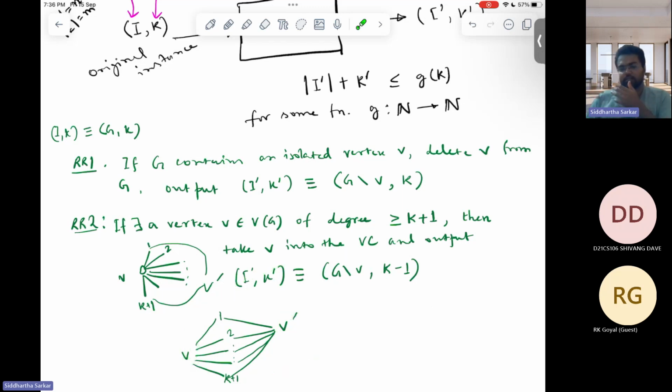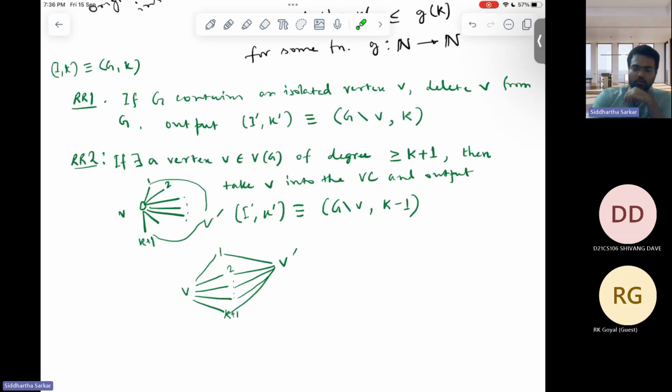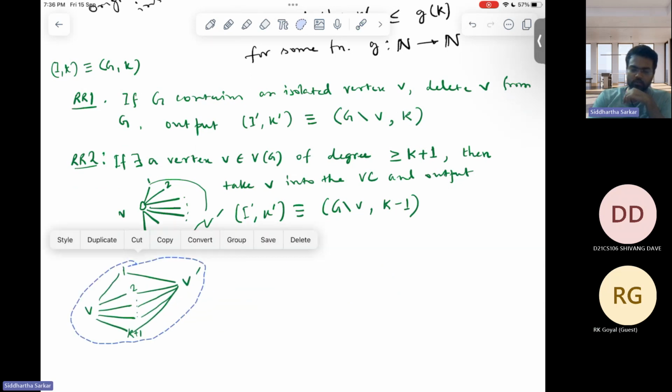It picks those high degree vertices, where high is defined as having degree at least k plus 1, and then you are left with a reduced graph. On this reduced graph you observe some properties, and then you do some further processing to get a vertex cover. So now let us observe some properties on this graph which we have obtained after applying the reduction rules.